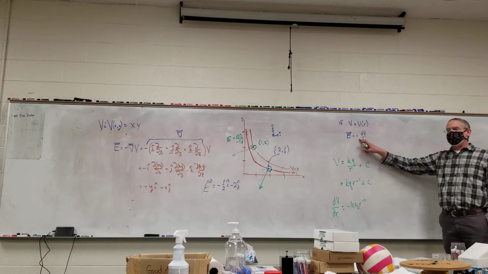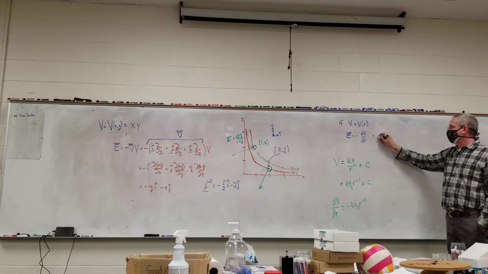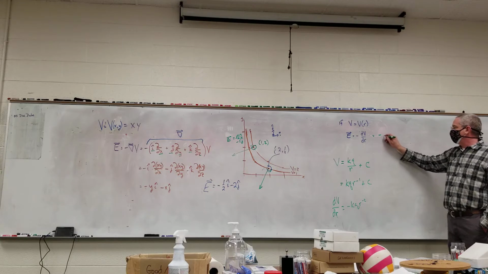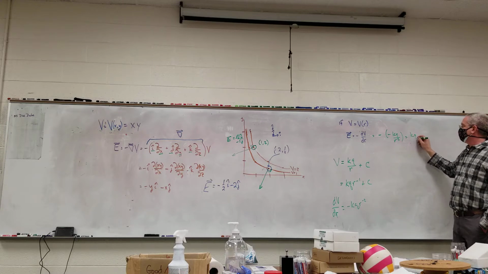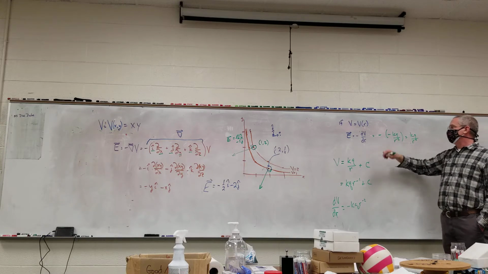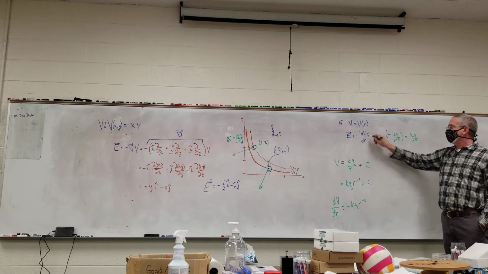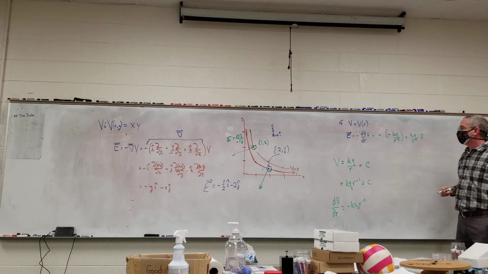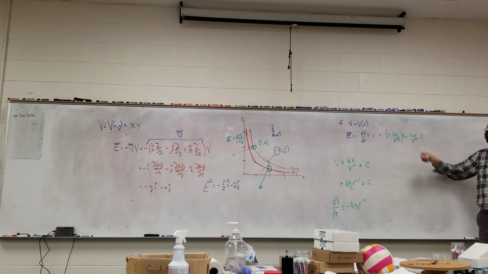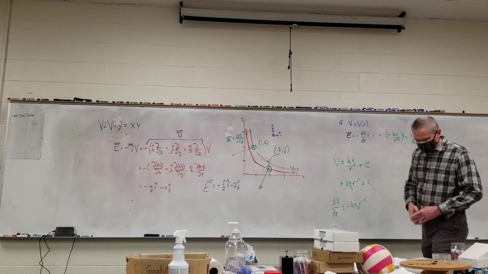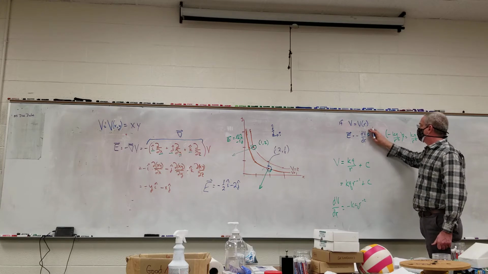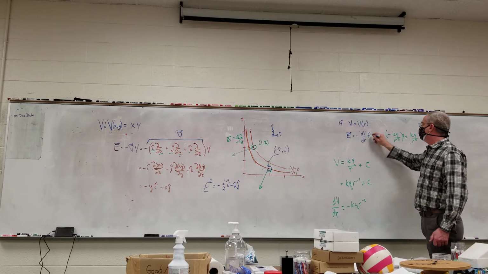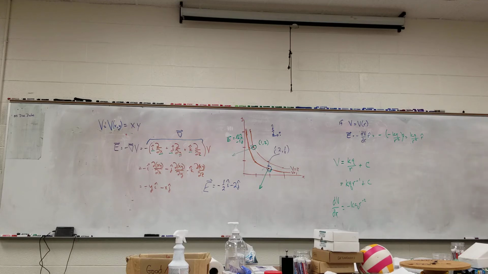But my electric field is the negative of that, so this would become negative times negative kq over r squared, or kq over r squared. Oh, I did leave something off here, r hat. And I probably should do that in the same color just to emphasize that it's not specific to this problem, there should be the unit vector there. And we get the formula that we pretty much started with.